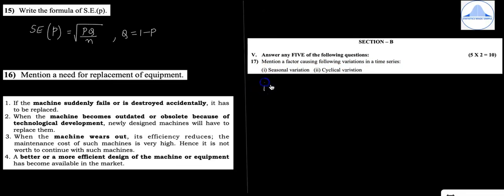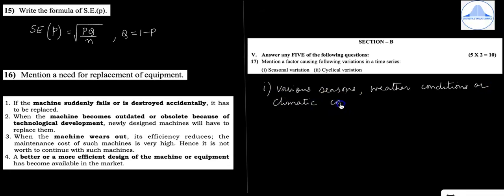The first one, as we know, seasonal variations, it can be because of the various seasons or it can be because of various weather conditions, or we say climatic conditions. Then second are the cyclical variations.